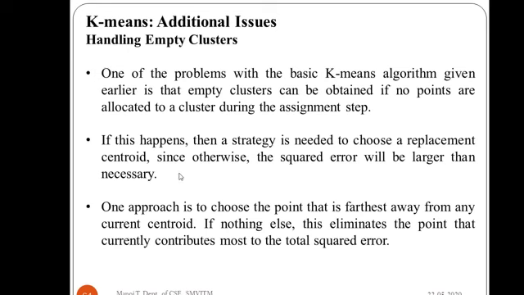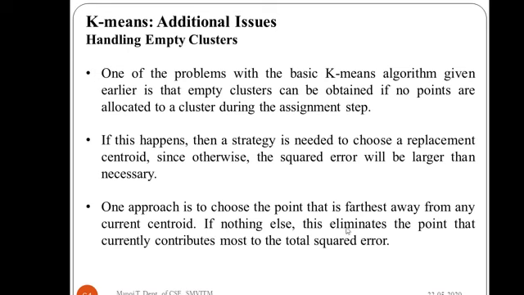If this happens, then a strategy is needed to choose a replacement centroid, since otherwise the squared error will be larger than necessary. Since one centroid will be far away from the set of points, definitely it will contribute to the larger SSE. So one approach is to choose the point that is farthest away from any current centroid.